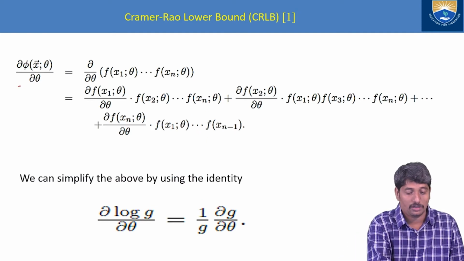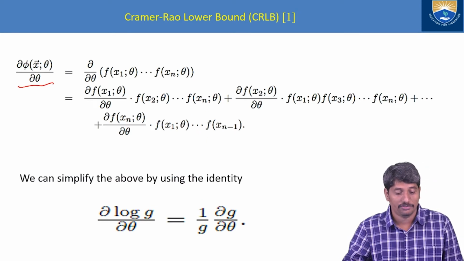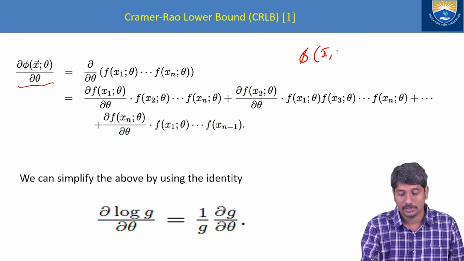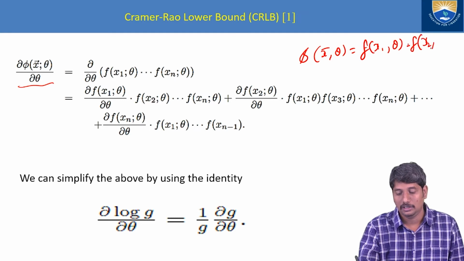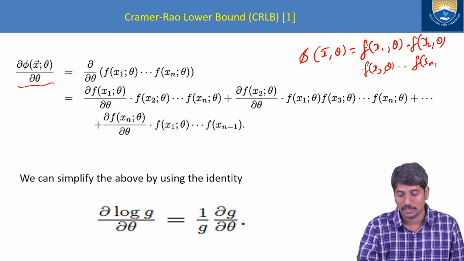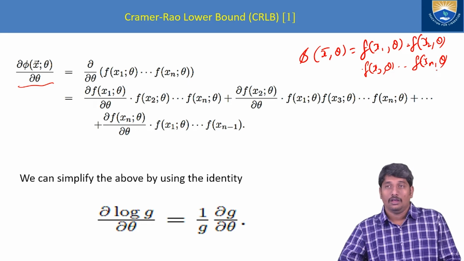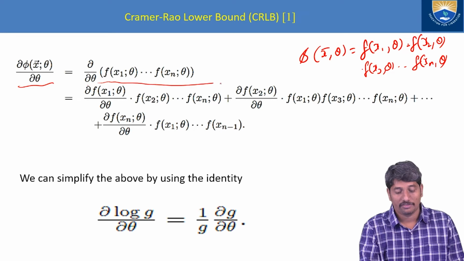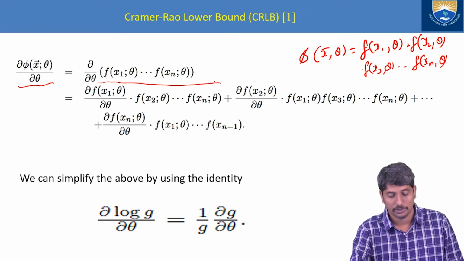Let us take ∂φ of x bar comma θ, where φ of x bar comma θ is nothing but f of x1 comma θ into f of x2 comma θ into f of x3 comma θ, and so on, f of xn comma θ. So we reach ∂/∂θ of f of x1 comma θ, f of x2 comma θ, and so on, f of xn comma θ.